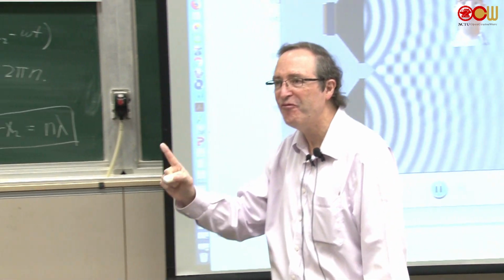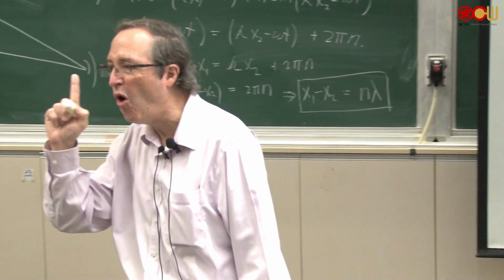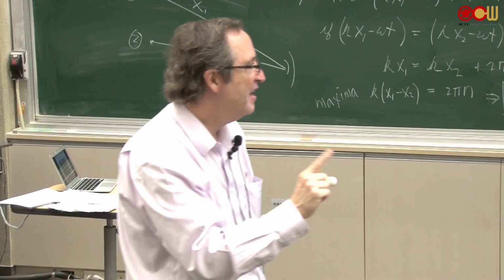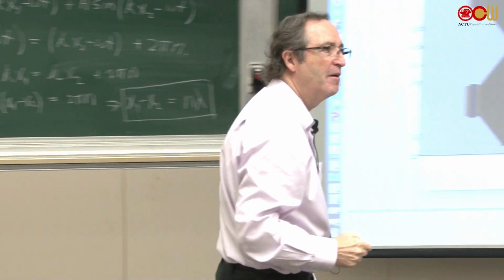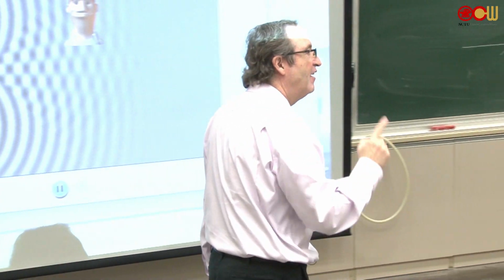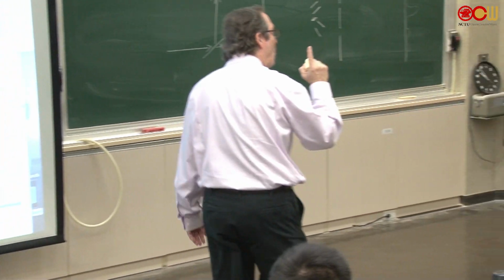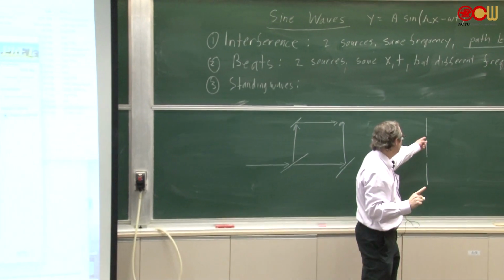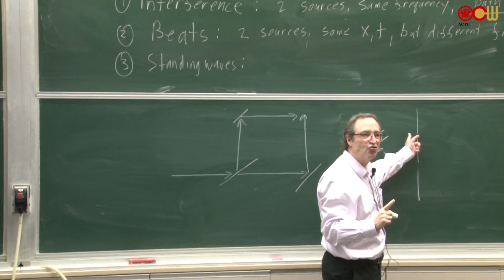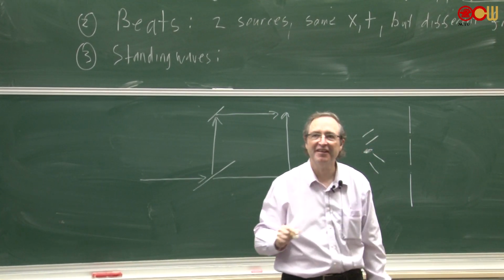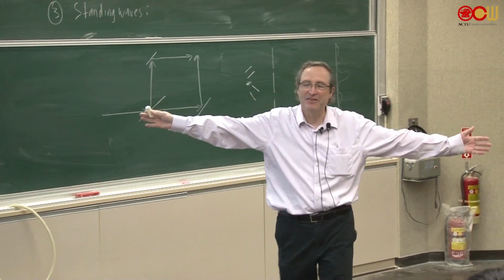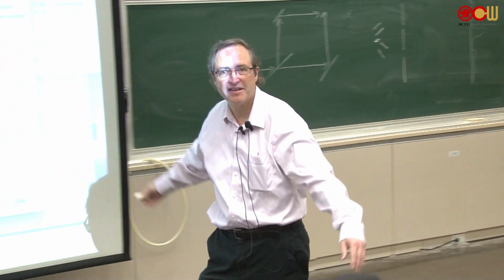If you do one photon at a time, it'll slowly build up that pattern. However, if you try to figure out which slit the photon went through, if you track which one it went through, the interference pattern disappears, totally disappears.